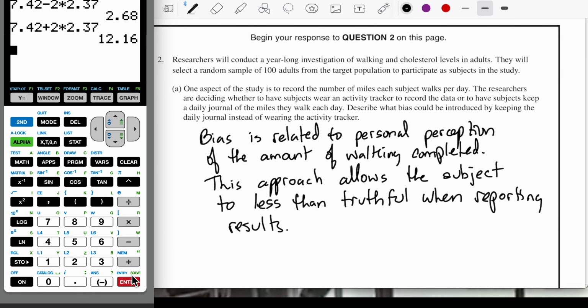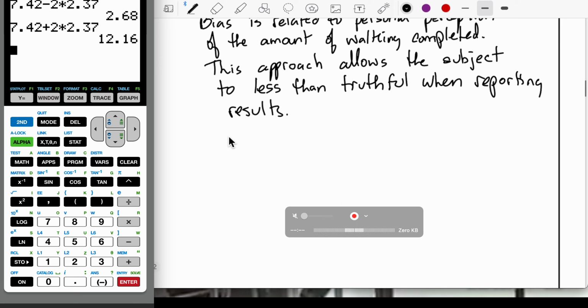A person in this case is embarrassed about their cholesterol level and wants to make it seem like they're actually doing the exercise, so they're more likely to lie about how much exercise they're doing. You don't know that. You can't say that. Is it a reasonable assumption? Yeah, probably. But you can't put that on paper because they're going to look at that and say, how do you know? Unless you justify that claim, you're going to run into trouble.